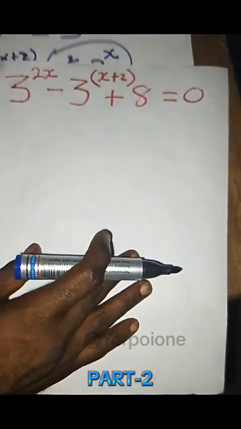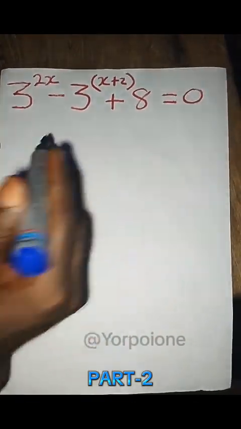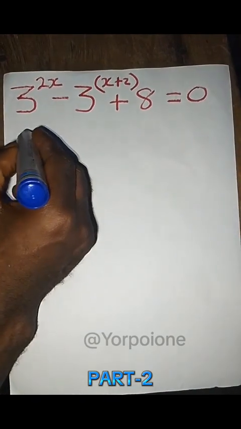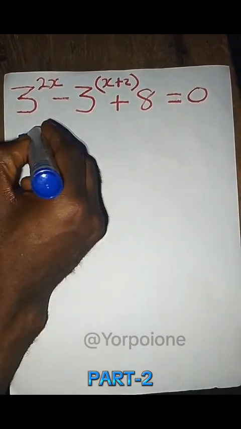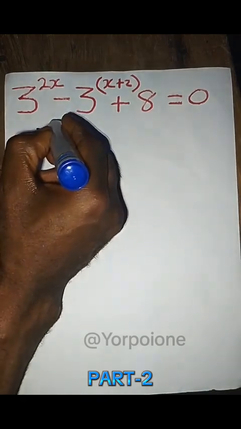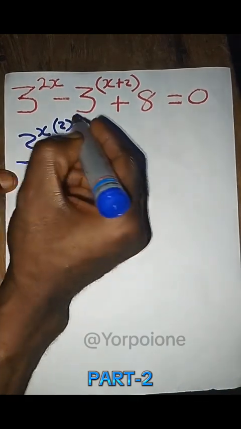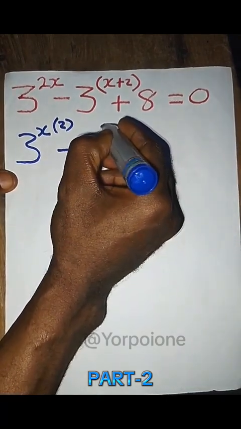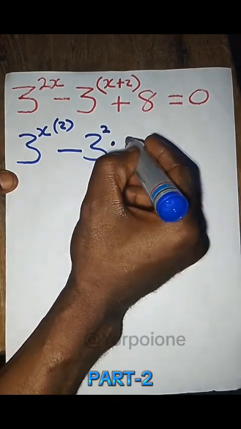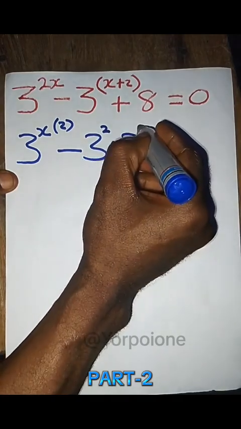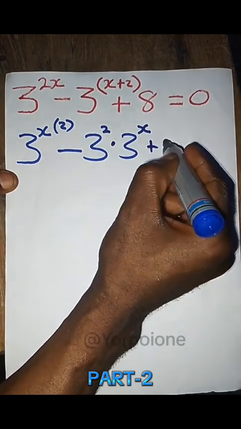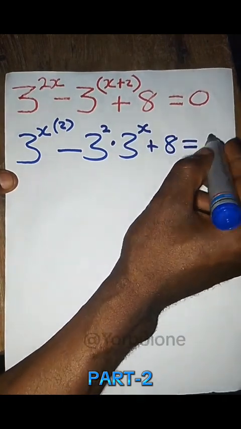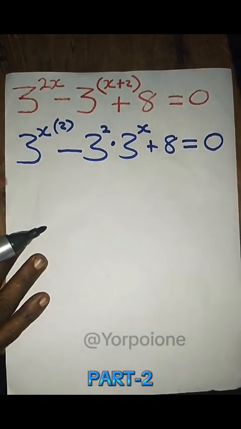So let's continue. We are going to write this to be 3 to the power x all to the power 2 minus, we are going to take 3 to the power 2 multiplied by 3 to the power x plus 8 is equal to 0. So that is the first step we need to do.